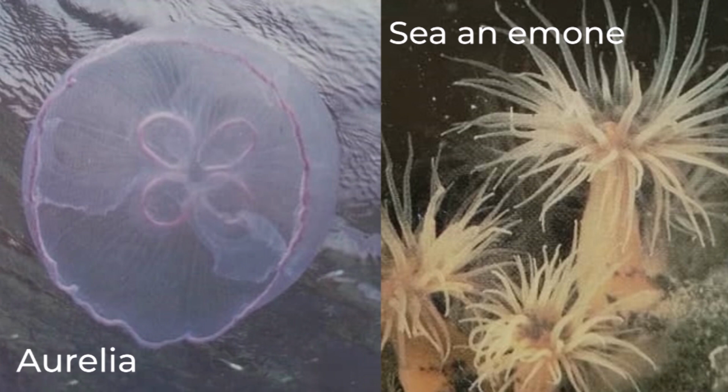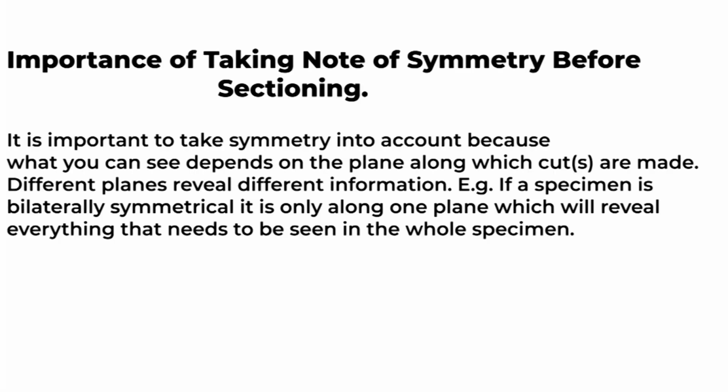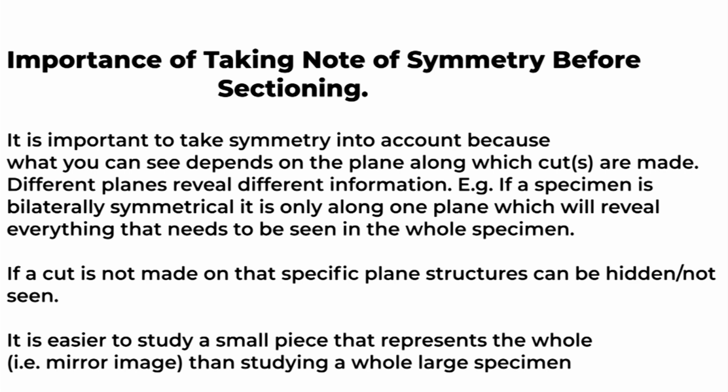As you can see, this organism, Aurelia, you see how it is? This one too is radially symmetrical. So what is the importance of taking note of the symmetry before cutting the organism? It's very important to take into account the symmetry because what you see depends on the plane along which the cuts are made.